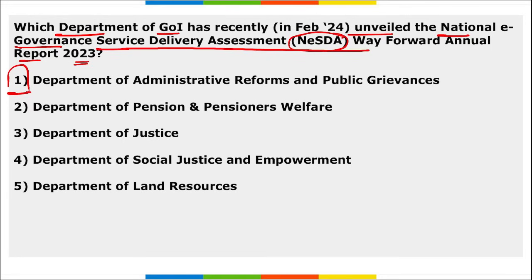And this DARPG organized 3 regional conferences on e-governance in Bhopal, Madhya Pradesh, Mumbai, Maharashtra and Guwahati, Assam. A total of 16,487 services were provided across states and union territories in 2023.